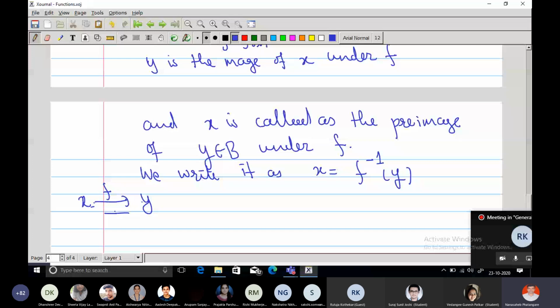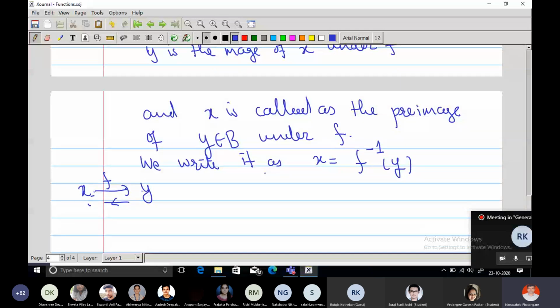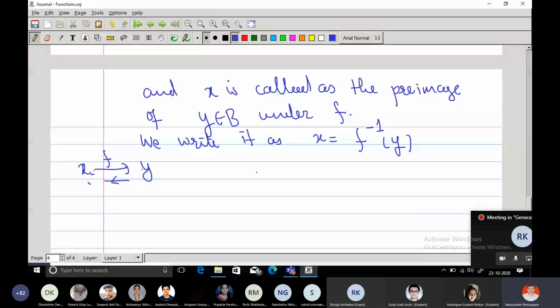But that inverse process is different, and we'll discuss it later on. But the two words are important: y is the image of x under f and x is the preimage of y under f, right?